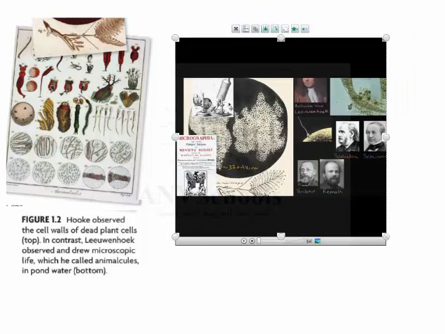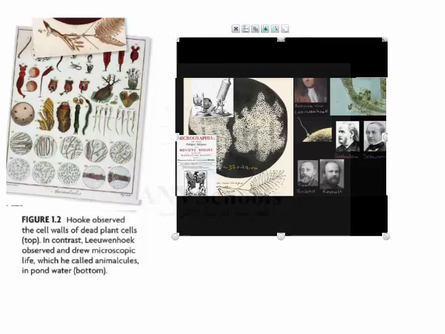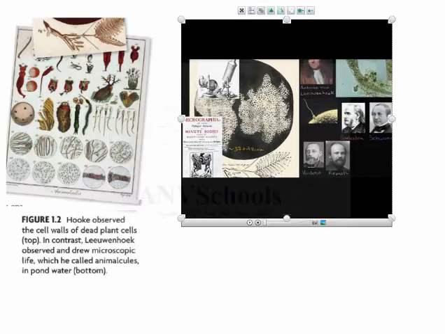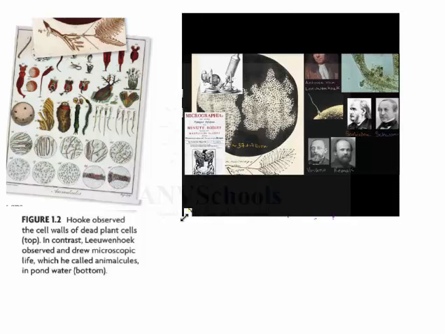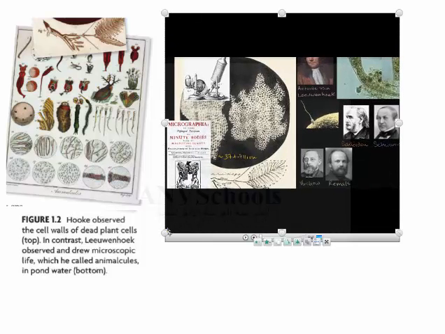So Robert Hooke was the first one. He used his lens or compound microscope. Other scientists came in. So we had Anton van Leeuwenhoek being the next.